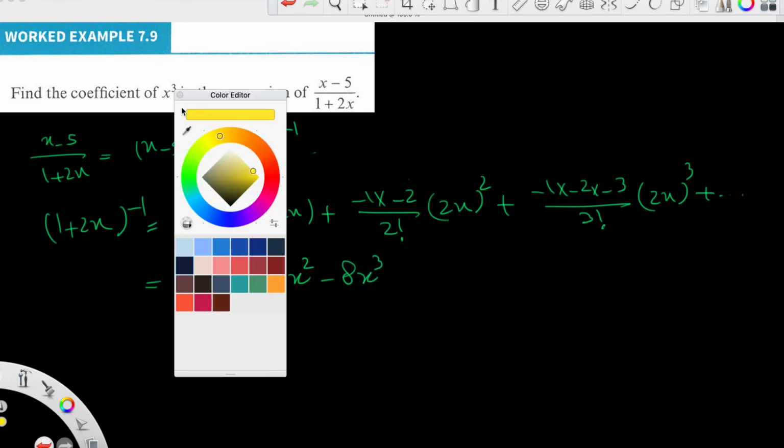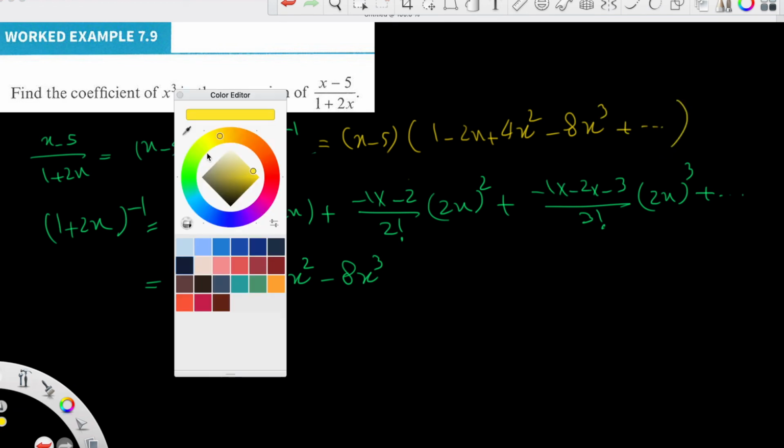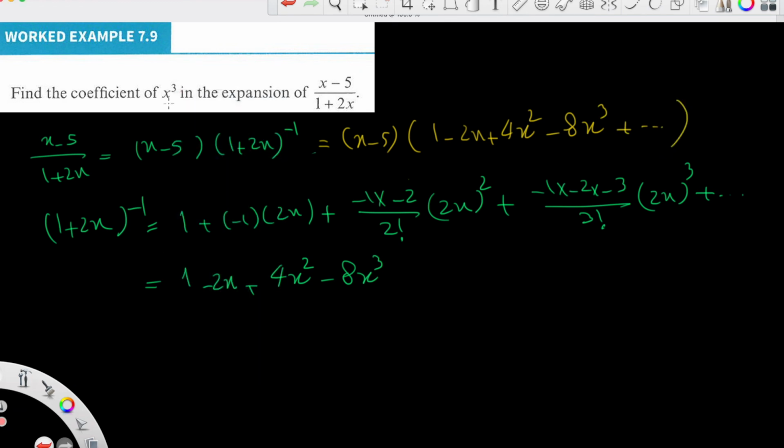So I rewrite it here, x minus 5. Do not forget to rewrite x minus 5 as one of the factors. Then 1 plus 2x to the power of negative 1 is replaced by this expansion, 1 minus 2x plus 4x squared minus 8x cubed. Now you are looking for the coefficient of x cubed. So how can x cubed be produced here?